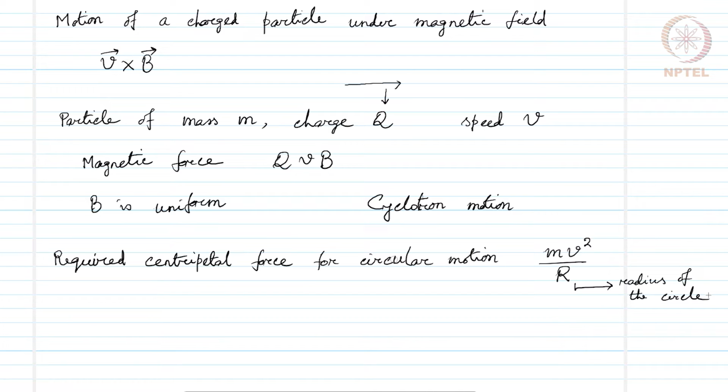So, for this kind of a trajectory, we must have qvB being equal to m v squared over R, and that means the momentum of that particle would be qBR. Momentum is expressed as p here.